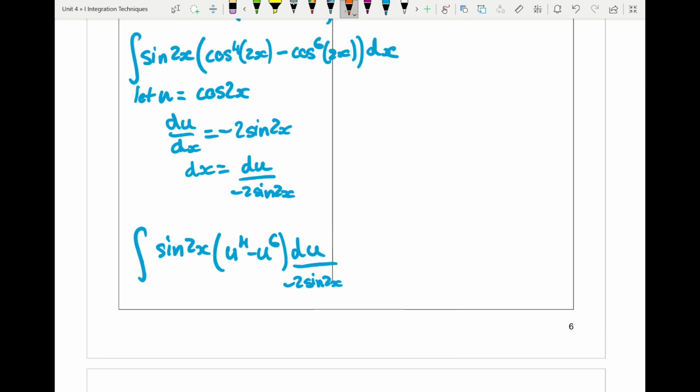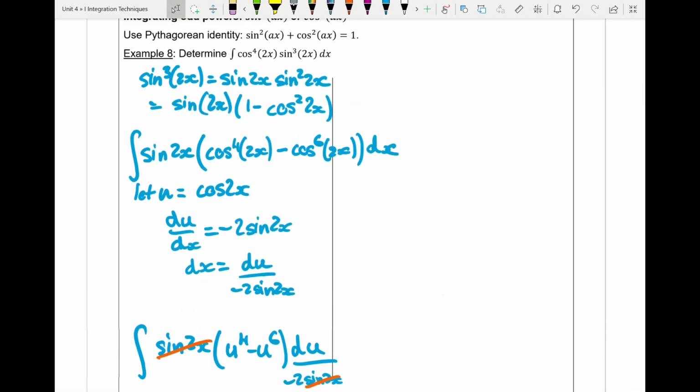We get our cancellation of the sine of 2x, and we're just left with negative 1/2 times the integral of u to the 4, take u to the 6, du.